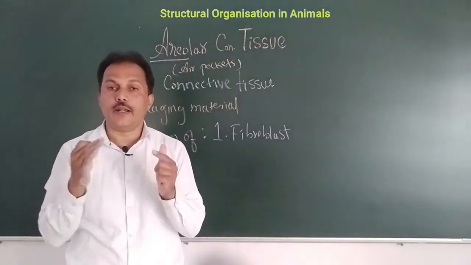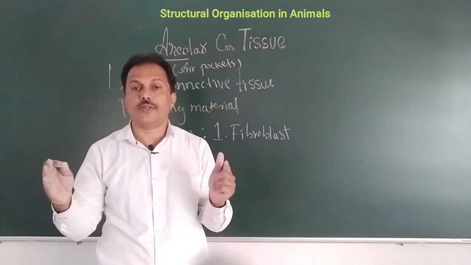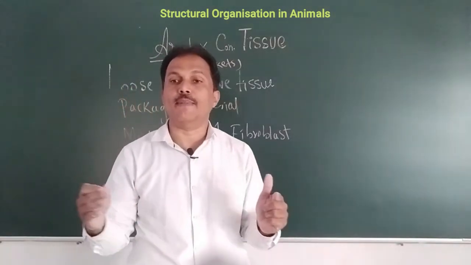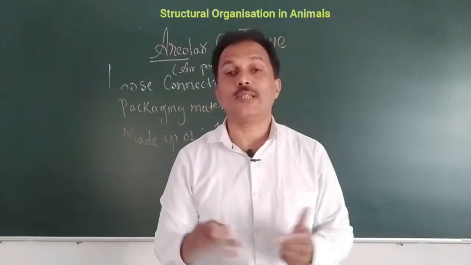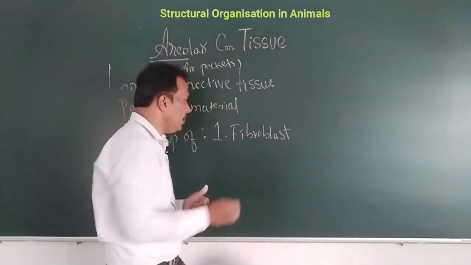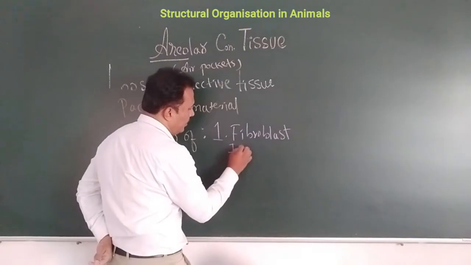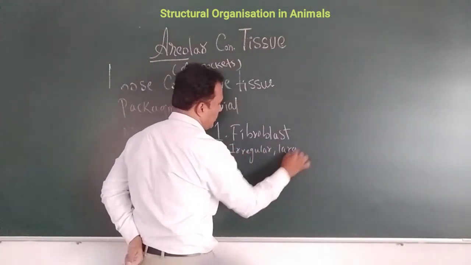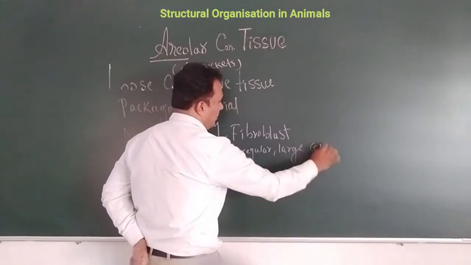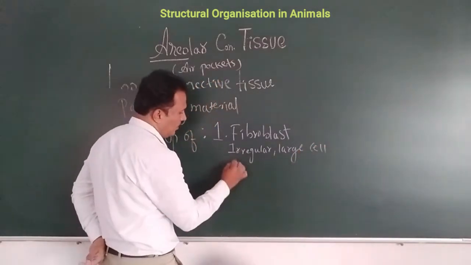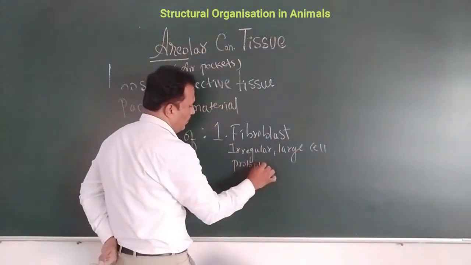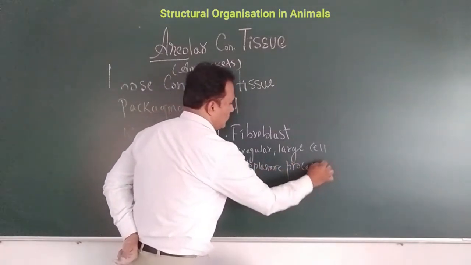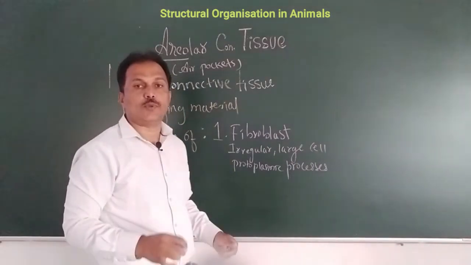It is an irregular large cell with protoplasmic branches or processes. We'll see what the protoplasmic process is.